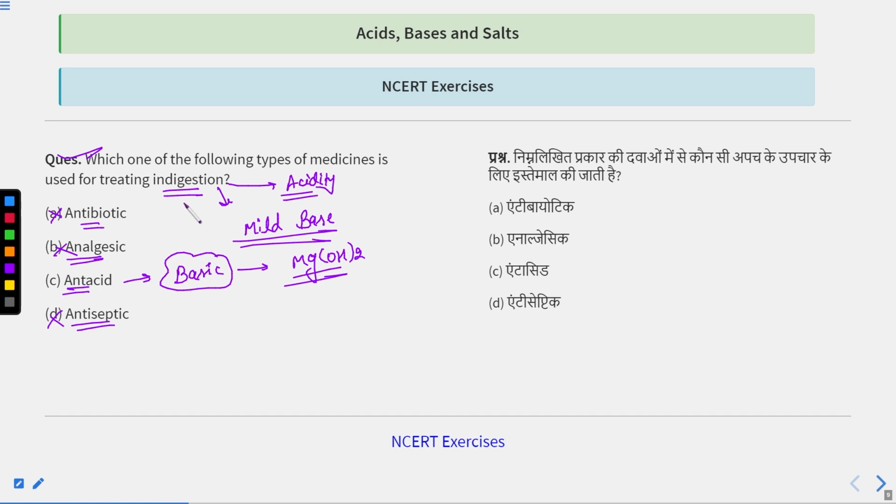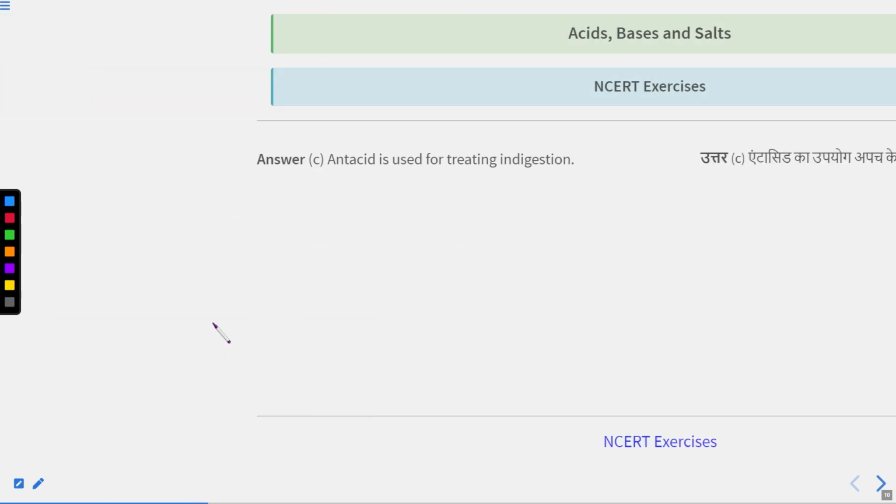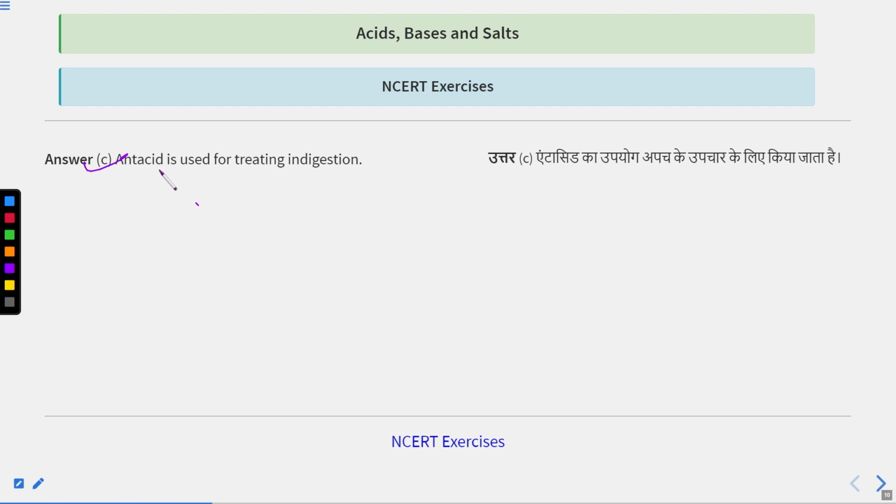To cure acidity, to cure this indigestion, we have to use antacids, like magnesium hydroxide, and baking soda, which is NaHCO3. So option C is the correct answer. That is, antacid is used for treating indigestion.